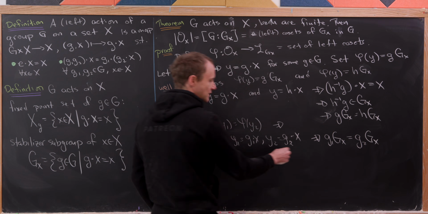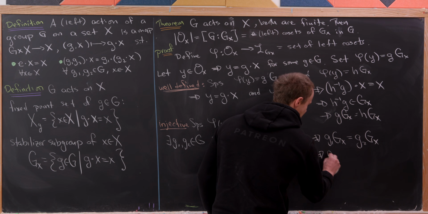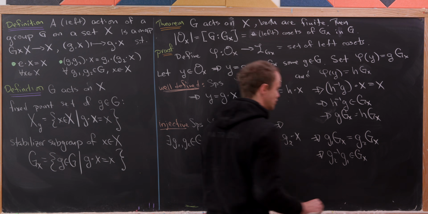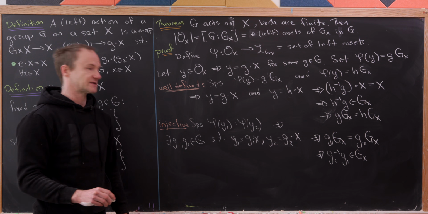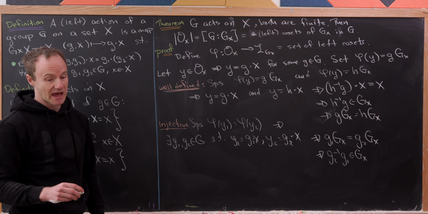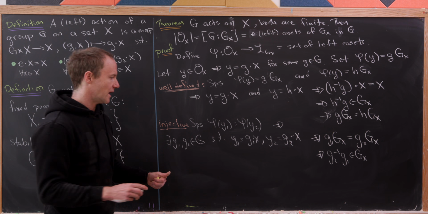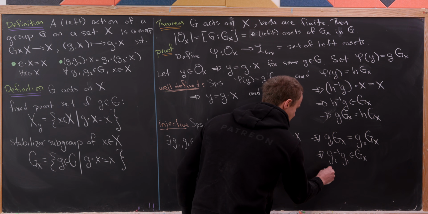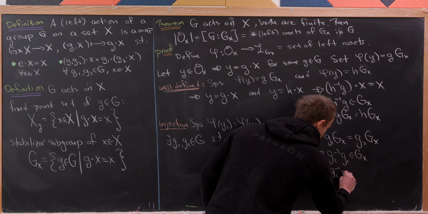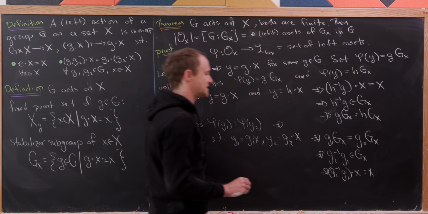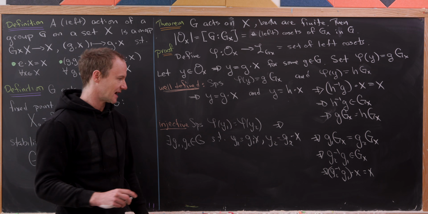Okay, so we've got this right here, but observe that means that g2 inverse g1 is inside of G_x, I guess by coset equality again. But observe, that means what? That means that g2 inverse g1 dot x is equal to x, because being in G sub x means that you stabilize x.